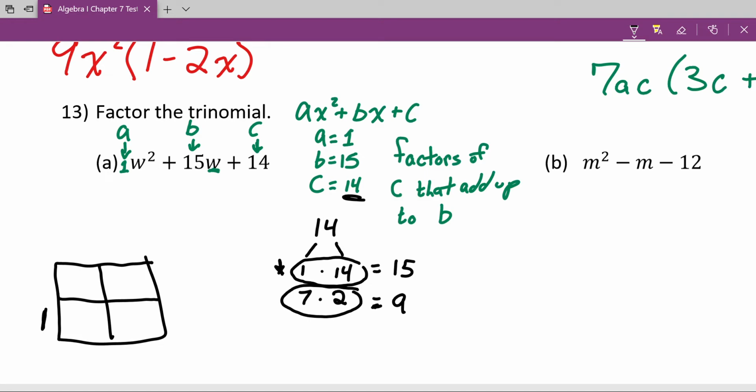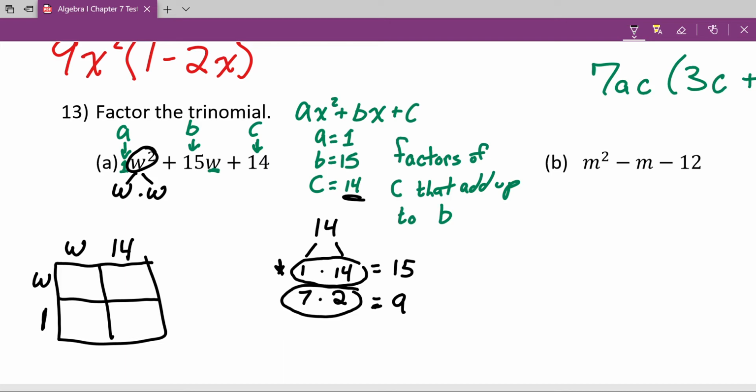My next step is to simply break down and find the factors of the first term, which is w squared. W squared breaks down to w times w. Well, that's really great for us, so I can go ahead and say w and w right there in our leading terms for our binomials.